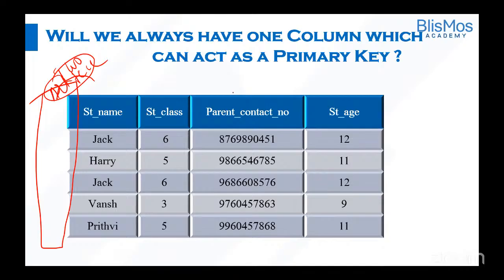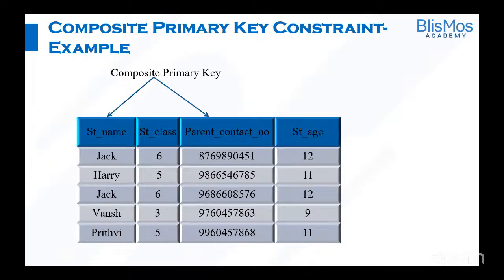Or if you say, I don't want any other column coming from outside, then what you can do is combine the columns of a table and make it a composite primary key. If you have a column which is already unique, not null and distinct, please use that.